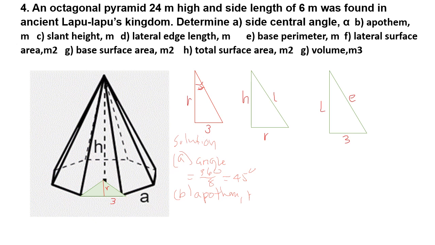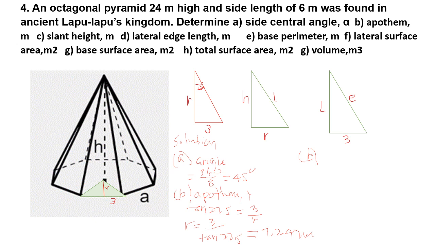Take note of putting the figure there. Tangent 22.5 equals 3 over r. So your r equals 3 over tangent 22.5, equivalent to 7.242 meters.